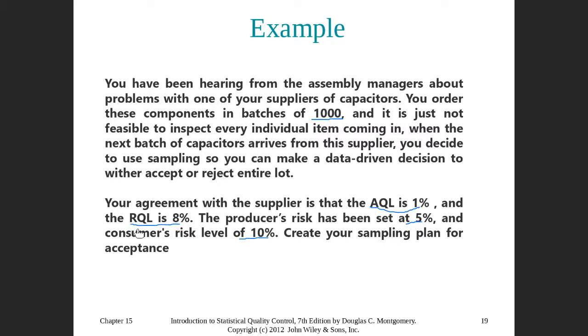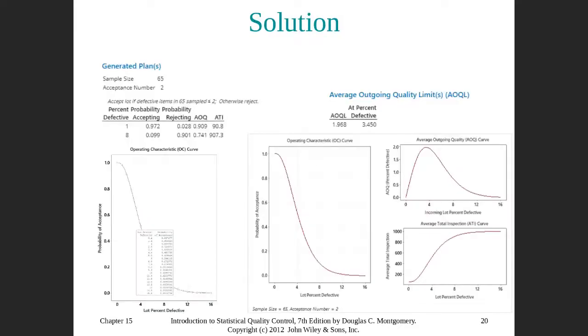The second finding that you can get from Minitab is the sample size n and the number of defectives based on the RQL, where if it is exceeded you have to reject, and if it is below you can accept the batch.